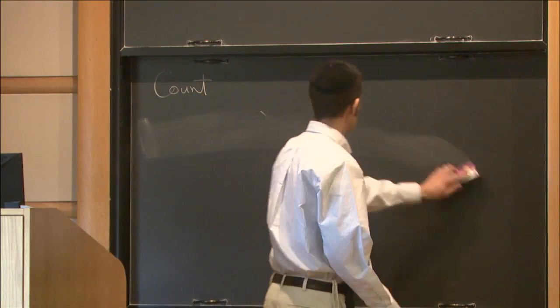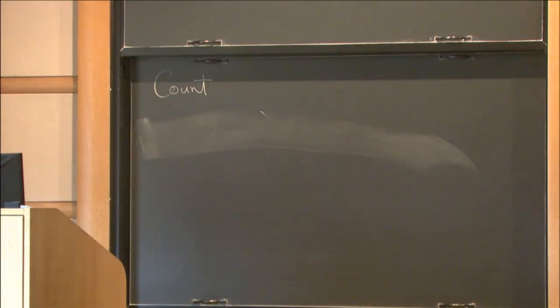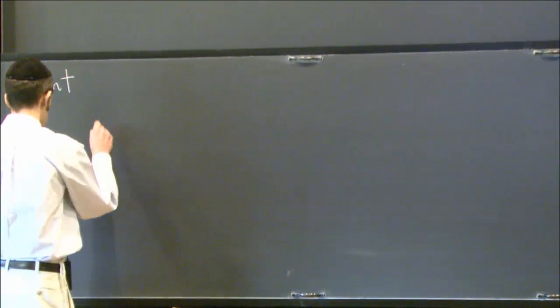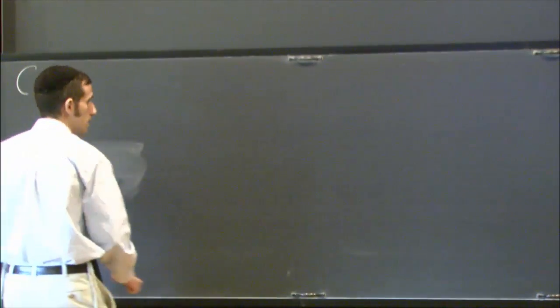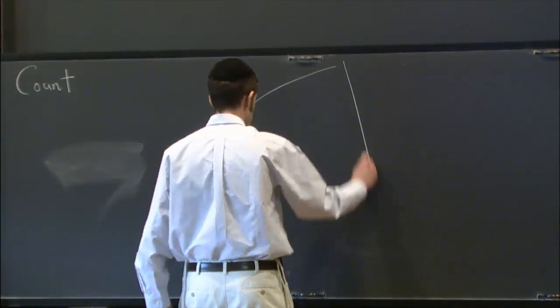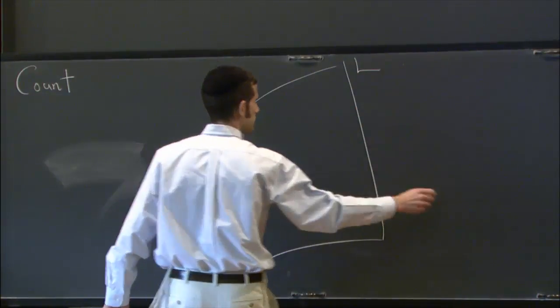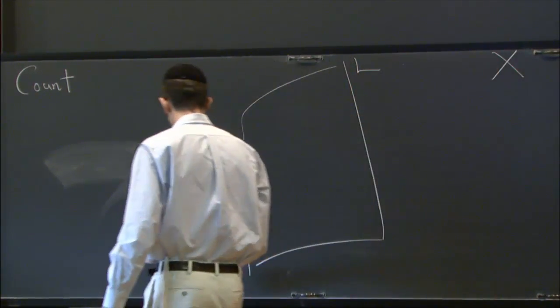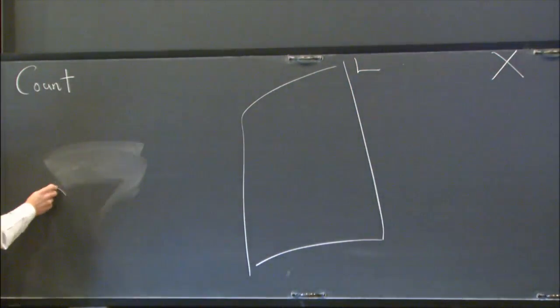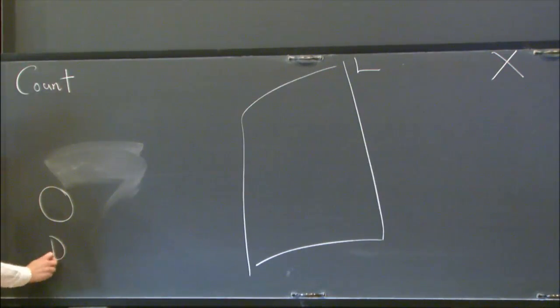This is not enough room. We have a Lagrangian submanifold here, L, and the whole blackboard is X, and then we have a disk over here.